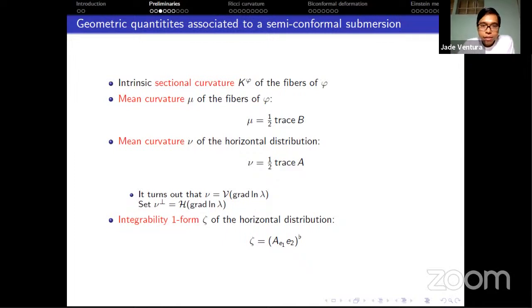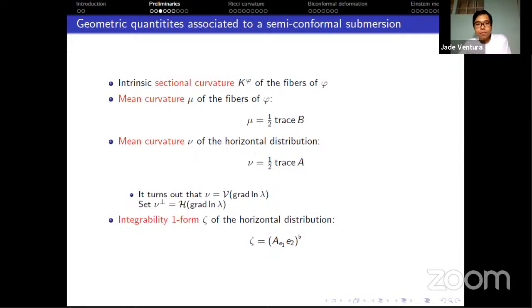And how are they related? So you simply take the ln of lambda and then take the gradient of the ln of lambda, that's the vector, and then take the vertical part of that vector, that turns out to be equal to the mean curvature mu. And for computational purposes, we set mu perp to be the horizontal part of that vector.